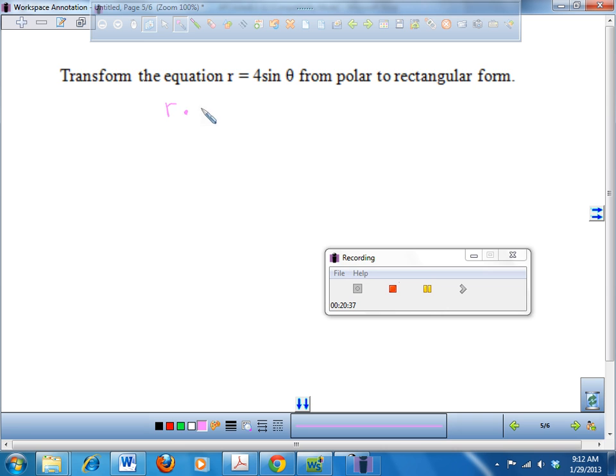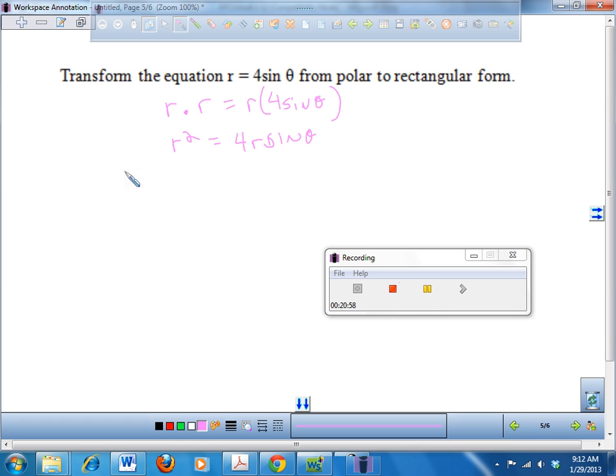I'm going to multiply this equation by r on both sides, and r times r becomes r squared, and if I distribute this r through, I get 4r sine theta. And what's r squared equal to?